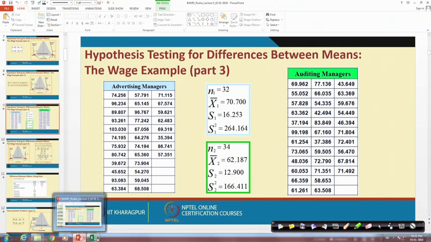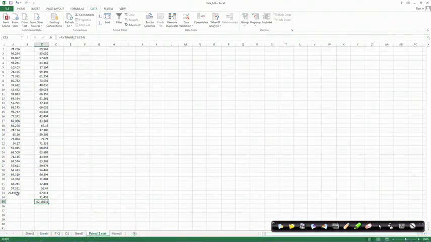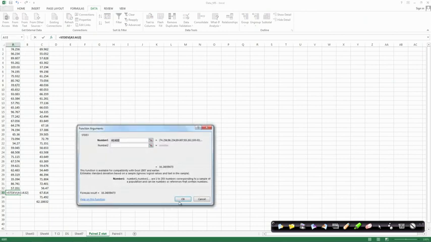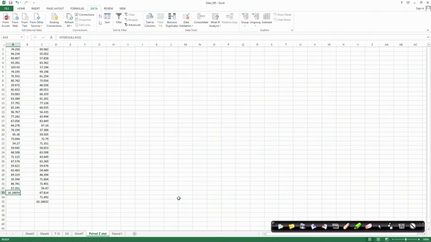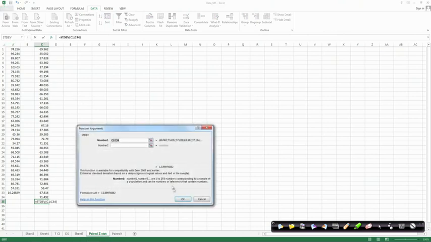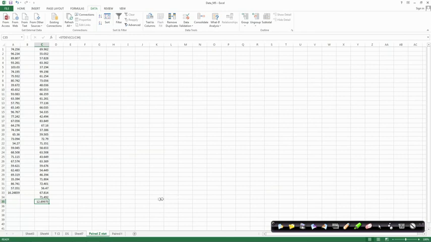Then again you go to this data, and instead of the mean, you find out the variance. Again you try to find out the standard deviation of the series. It is coming 16.25, and again you find out the standard deviation of the second series.